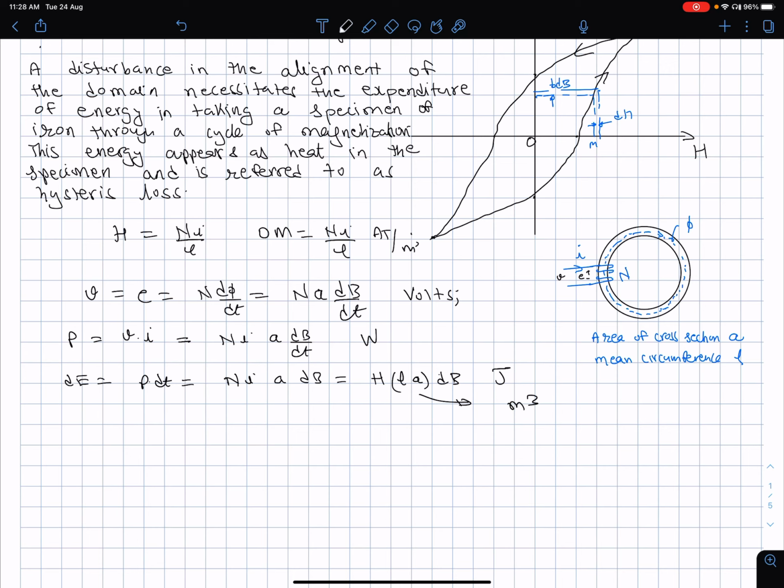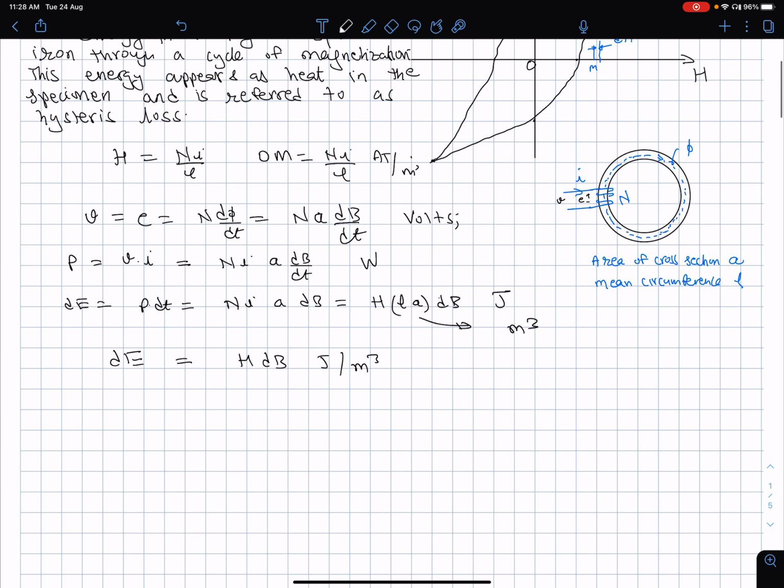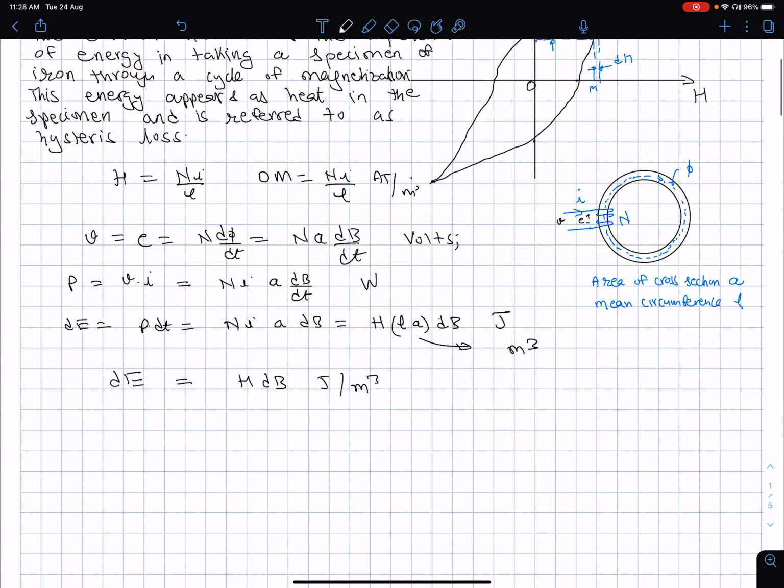So therefore we will get that dE is H dB joules per unit volume.